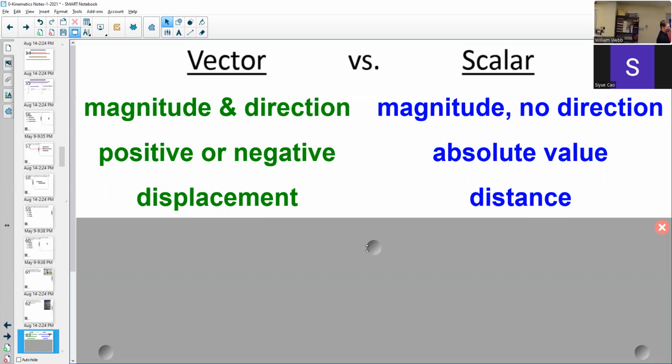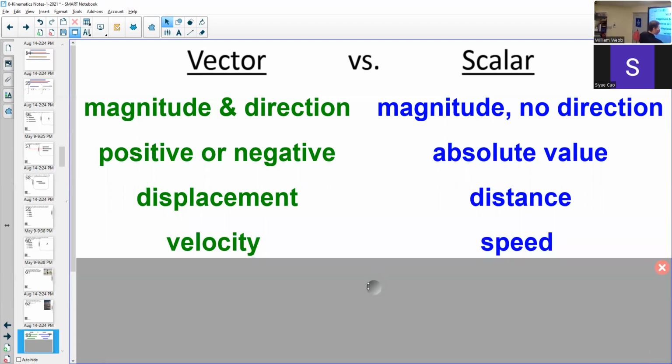All right, some other examples. Velocity and speed. Now in your lab, I mentioned the other day, you could use those terms interchangeably in our experiment because the car was always going forward at a constant rate. So the displacement and the distances would be the same, and therefore, as we're going to define here very briefly, the velocities and the speeds would be the same because it's always going straight and always going forward for our lab.